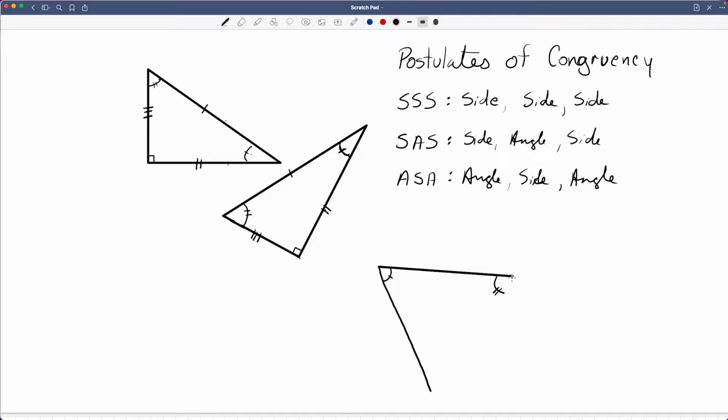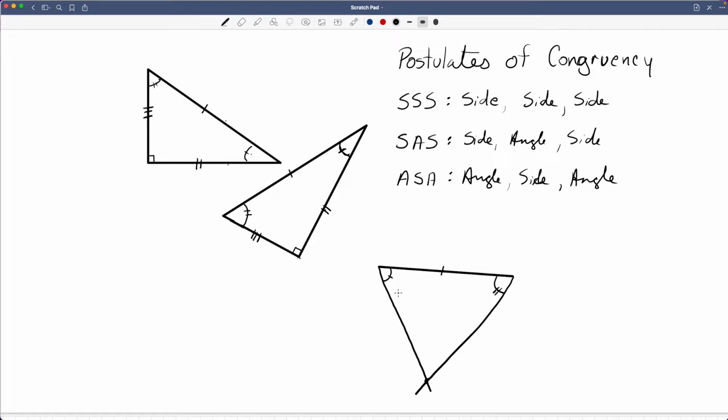This one is telling us how far this ray can open, which then tells us where those intersect. So if you have an angle, a side, and an angle, these have to intersect at the same point because of the degree of measure of the two angles. This determines where they intersect, and where they intersect determines the length of each side.